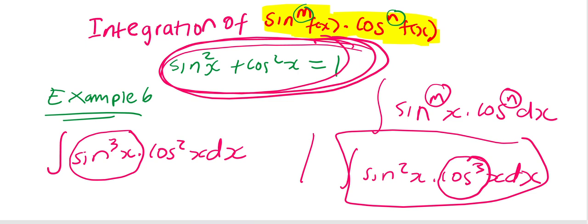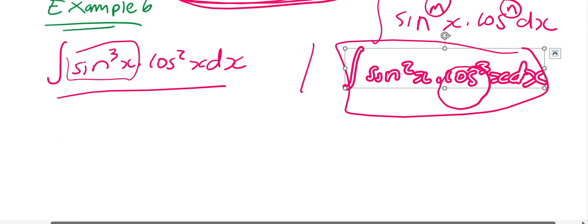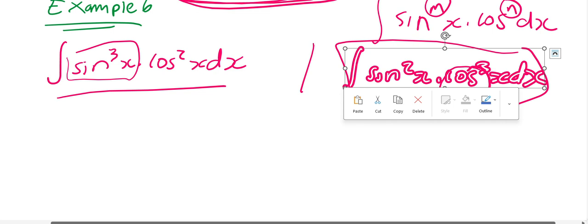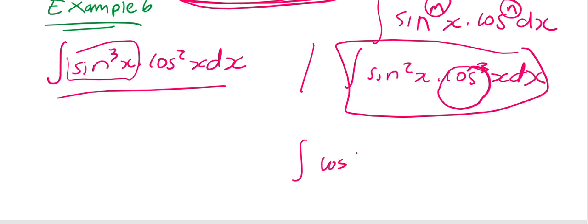So now in example 6, we follow that statement that says we split the odd power and use the identity. The odd power will be sine to the power of 3x. How do we split? Exactly the same way we were splitting when we had the odd power of cos or the odd power of sine. Remember when we had, for example, cos to the power of 5 x dx, we know that 5 is an odd number.